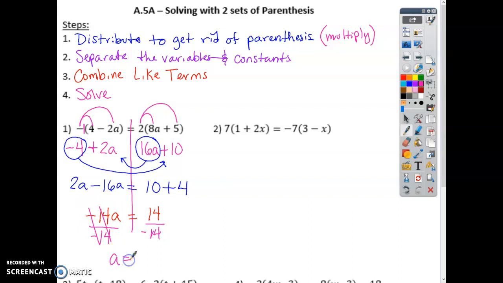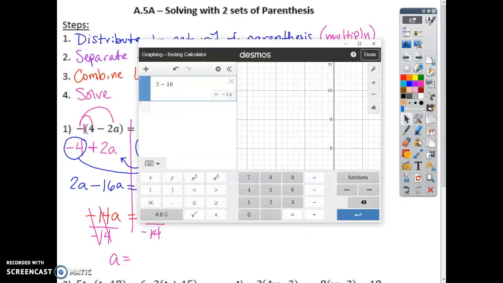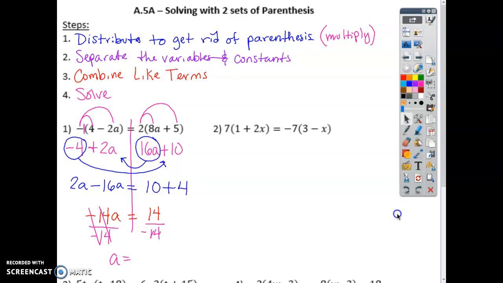A equals, divide these two in decimals, and that will give you the answer. So what's 14 divided by negative 14? 14 divided by negative 14 is a negative 1. So my answer is negative 1. Okay, negative 1, negativo 1.